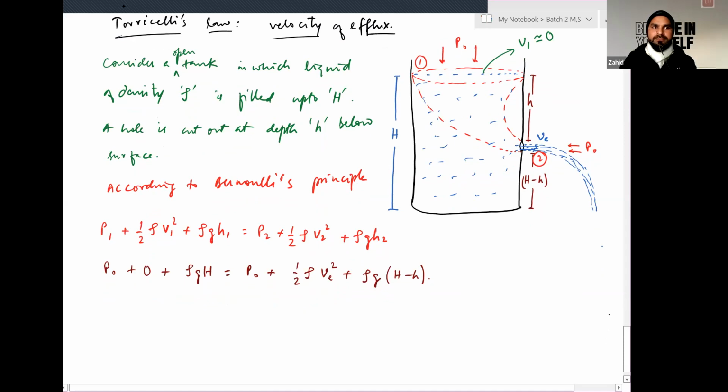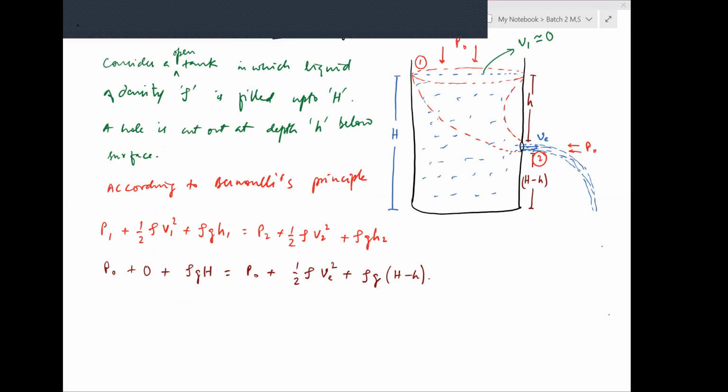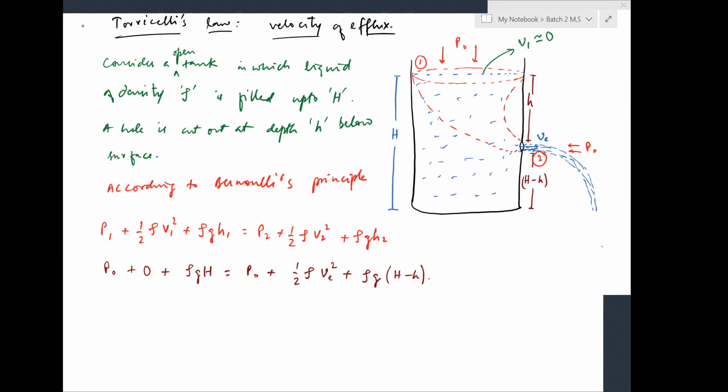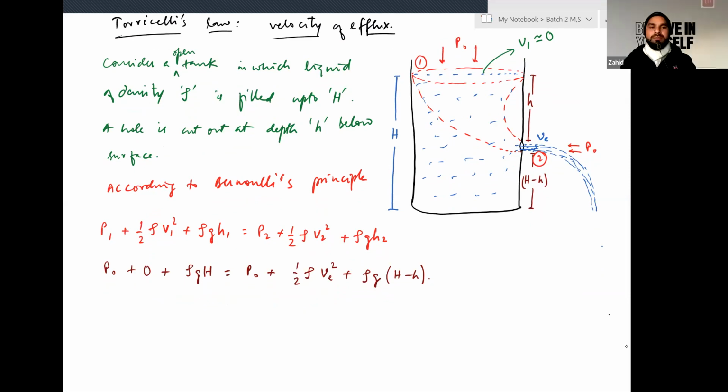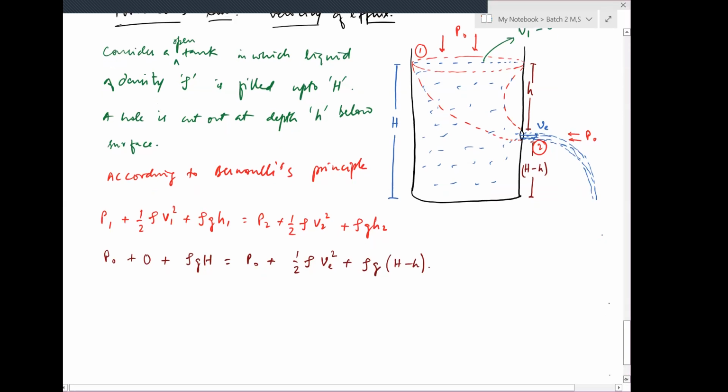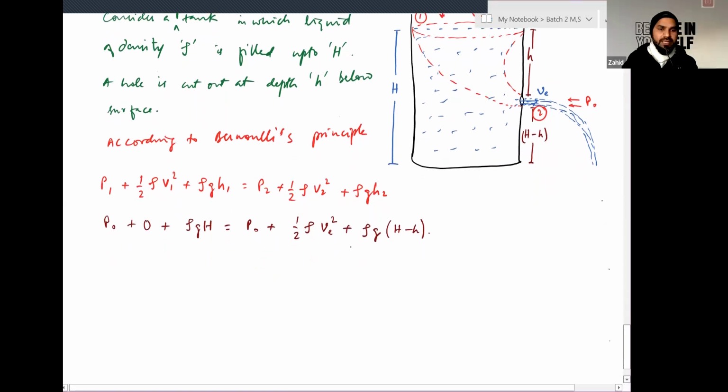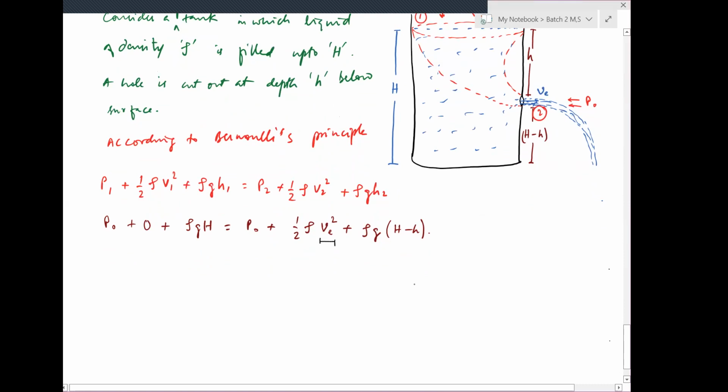Samara, you got any answer? Yes, sir, I got. Tell me. Root capital H plus h by rho. No, just check your calculation. Rahaf, you got any answer? For the second one, we have to calculate this particular expression for VE. We have to simplify it for this.